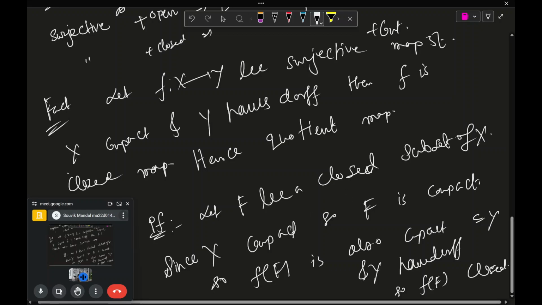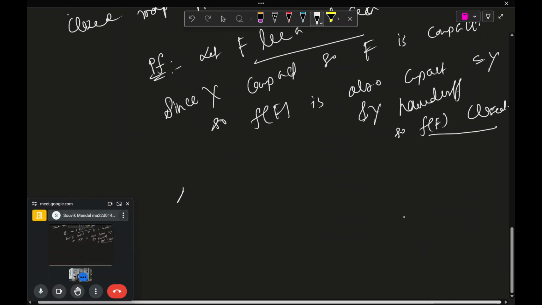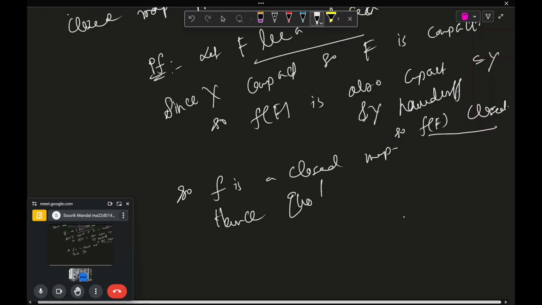So we started with a closed set and we come up with f of F being a closed set, hence f is a closed map, hence a quotient map. Okay.